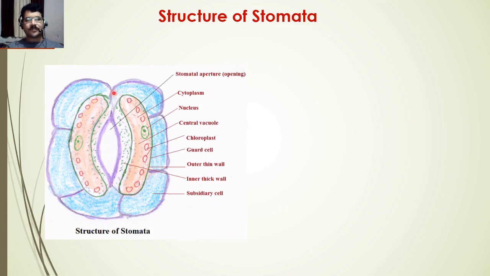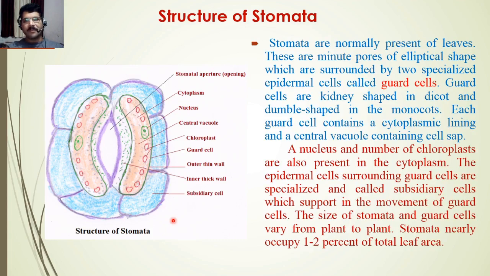These guard cells are surrounded by other epidermal cells, known as subsidiary cells. You can see here these subsidiary cells, shown in blue color. So this is the structure of a typical stomata.